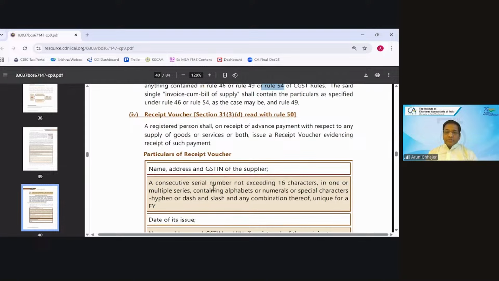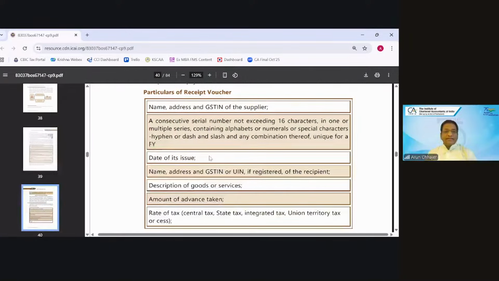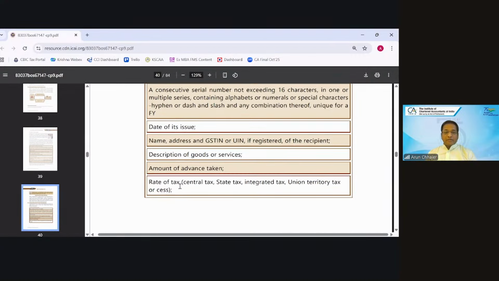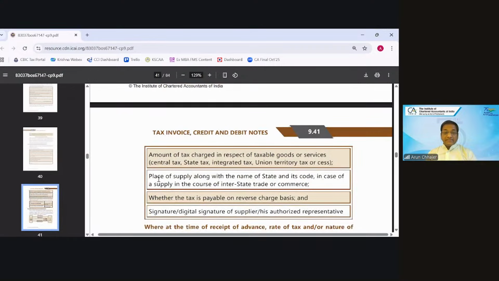Receipt voucher. We know that it will be for the advance payment, and what would be the content? Name, consecutive serial number, date, name and address if recipient is registered, description, amount of the advance taken, the rate of the taxes, amount of the taxes, place of supply, and whether tax is payable under RCM, signature and digital signature.